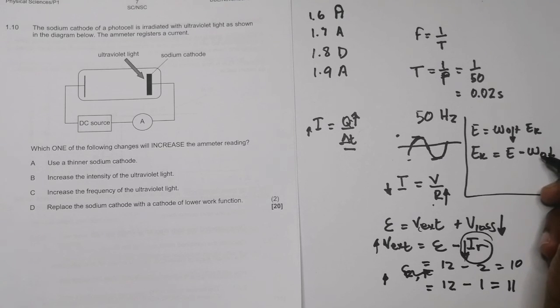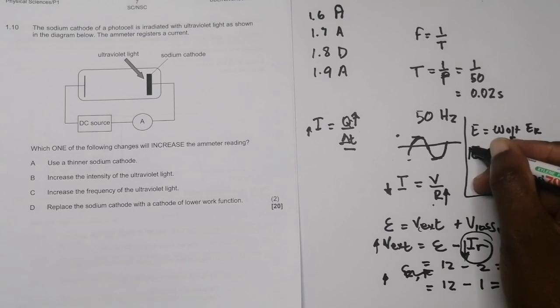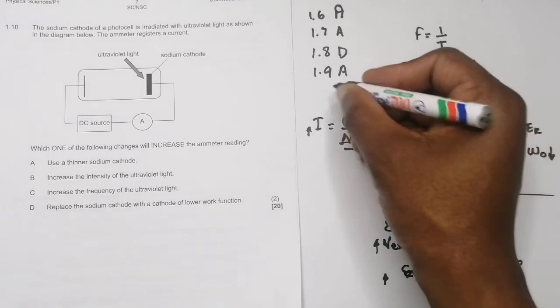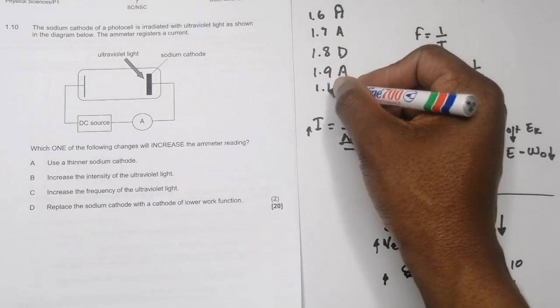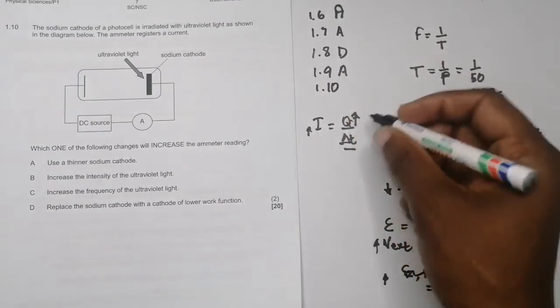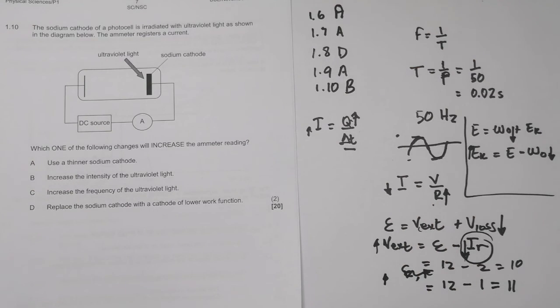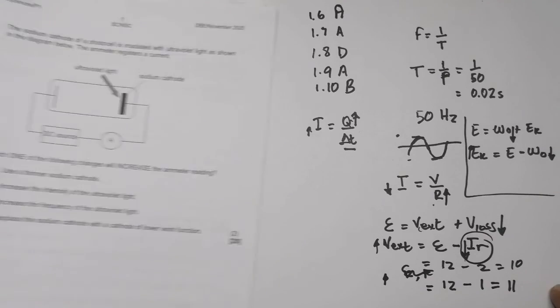Again, the speed of the electrons is increasing, but the number would more or less be the same. So my correct option for 1.10 should be B, where I increase the intensity of the ultraviolet light. Essentially that is how we arrive at all our answers.